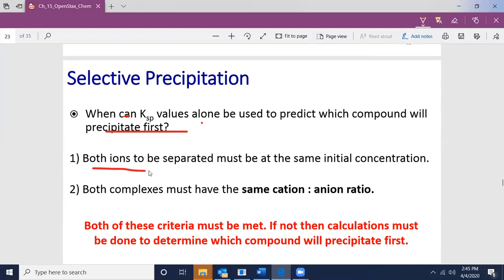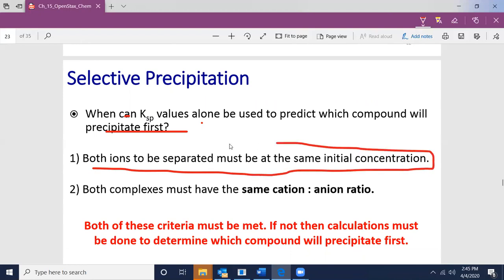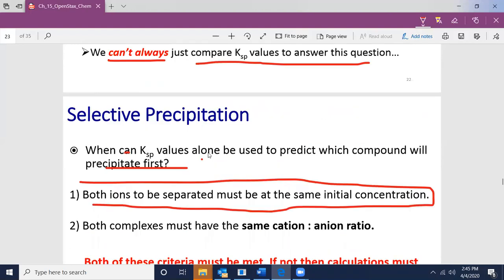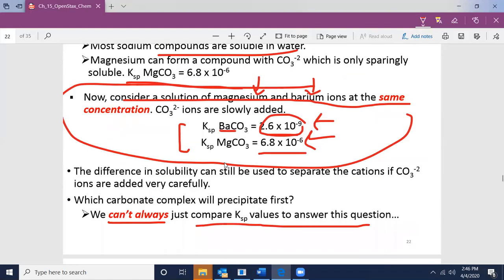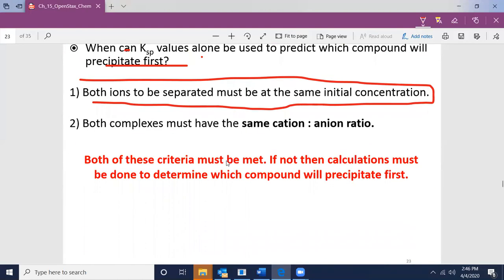First, both ions to be separated must have the same initial concentration. If you are using two cations to be separated with the selective precipitation method, then the initial concentration for both of them should be the same. If the initial concentrations for the two ions are not the same, we cannot compare the Ksp values. The second condition is that both compounds must have the same cation to anion ratio.